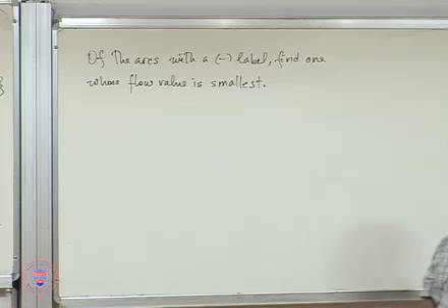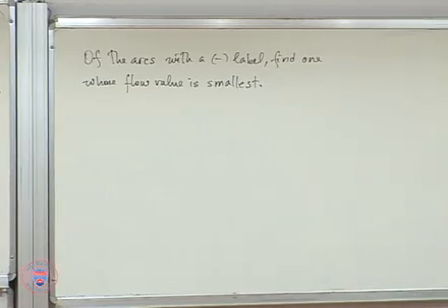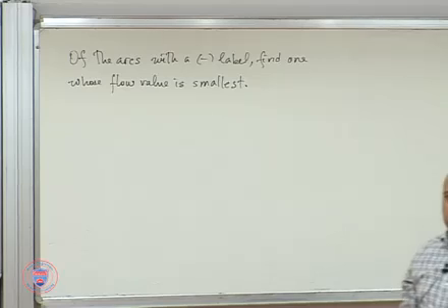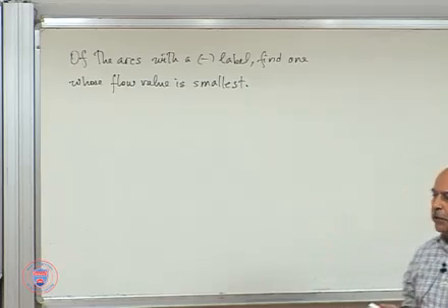So the negatively labeled ones are the ones whose current flow values will start going down as you start increasing the incoming arc.